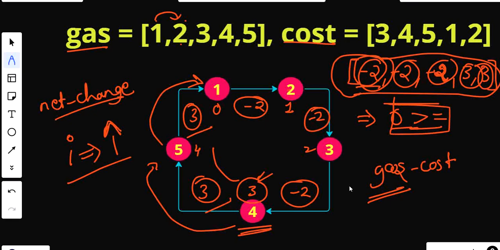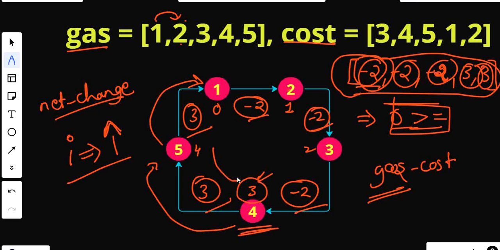So if there is a solution, then there will always be an index from where we can have that positive movement, or positive traversal. We are not going to experience negative values in between. Then only will we be able to reach the index, right?